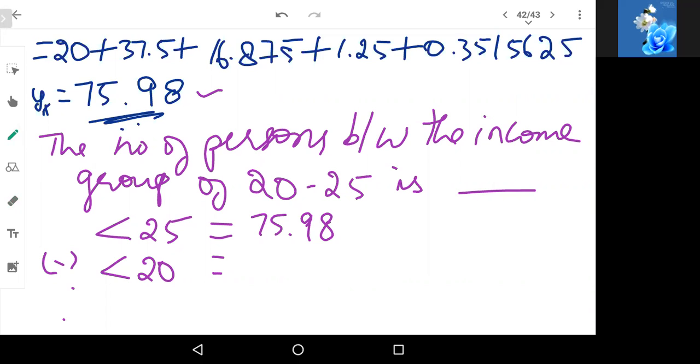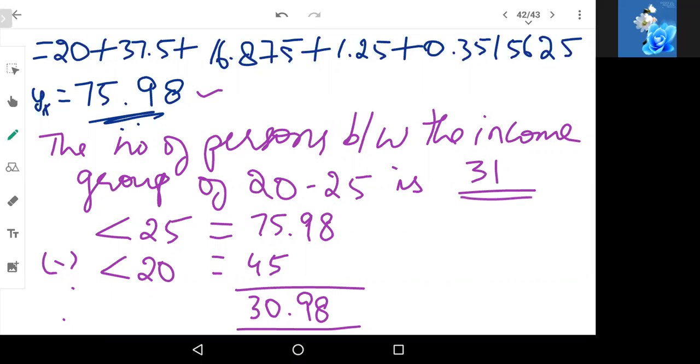Yes. So less than 20 is 45. 45 is the value here. So the difference will be 30.98. So for the group, I'll round it off and write it as 31. So this is our answer.